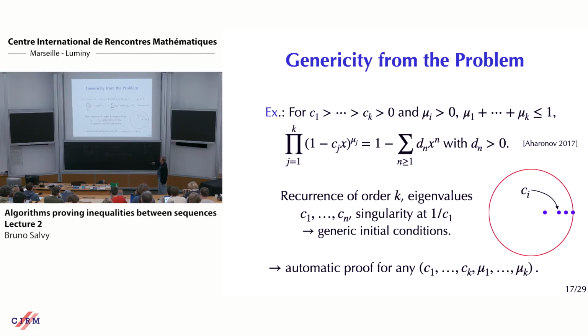You have k positive ci, you have k positive mu i whose sum is smaller than 1. And the theorem is that the sequence Dn is always positive. And it's not difficult to see that the recurrence will have order k, and the eigenvalues are the ci's. We saw that on an example.